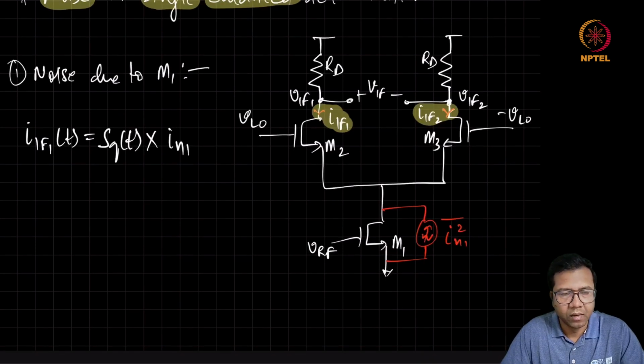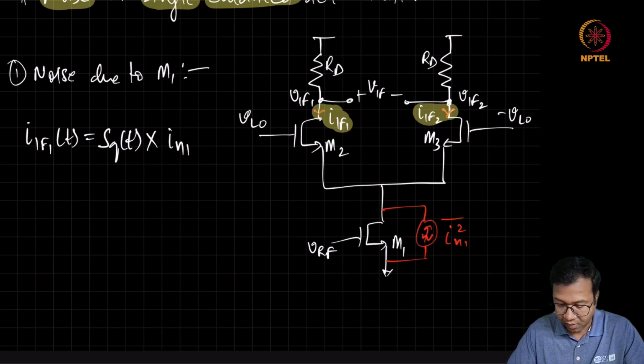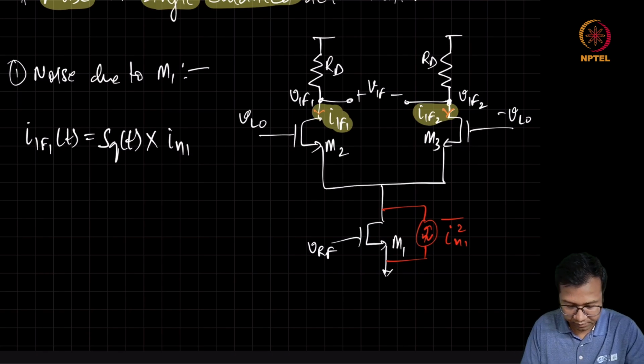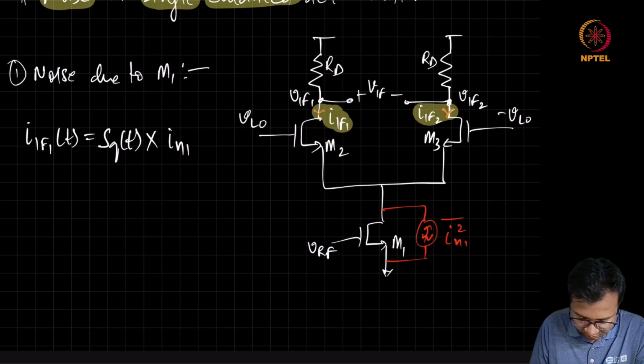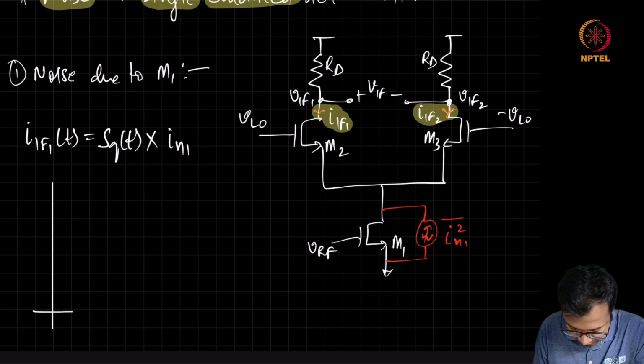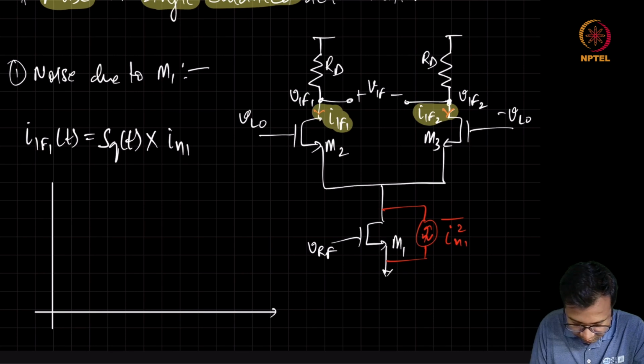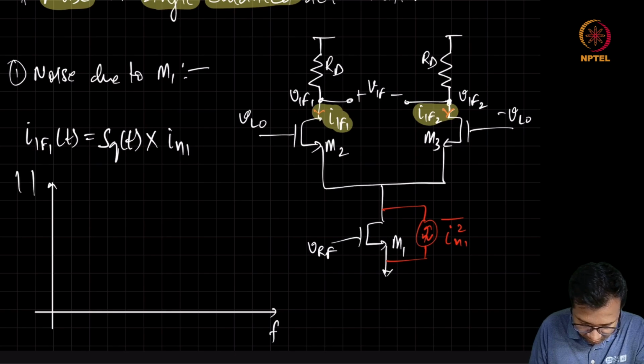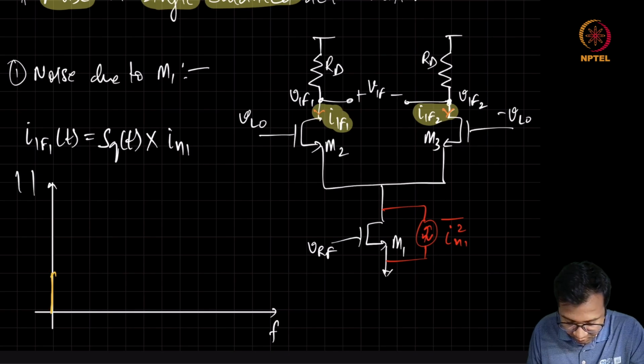So as to understand the power spectral density at the IF1 current, we need to understand the frequency spectrum for this periodic square wave and this noise current IN1. So draw. We know for the square wave we are going to get the DC term is going to be there.